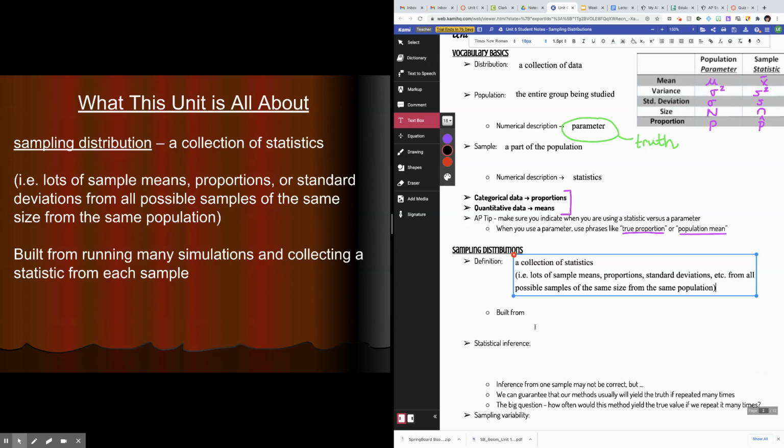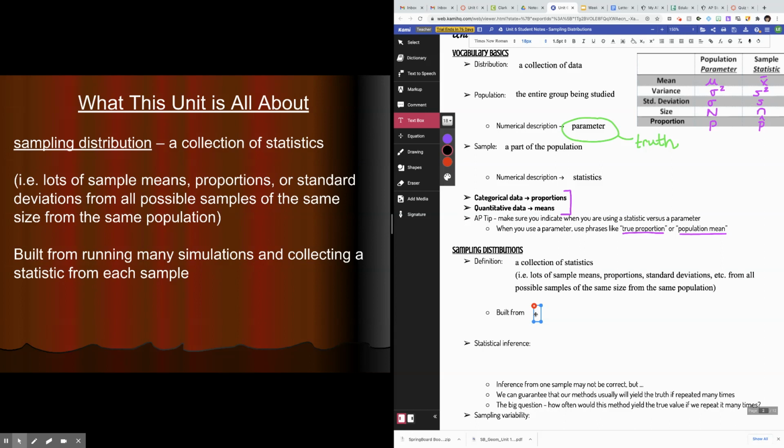Okay, right? The way that we build sampling distributions is rather than having to actually go out and gather all of these samples and then repeat that process over and over again until you build up enough data to create a sampling distribution, usually what we do is we run simulations and collect a statistic from each sample.